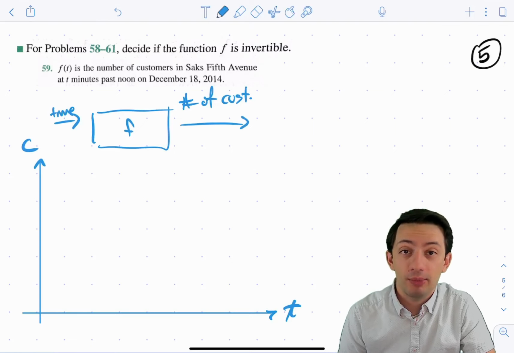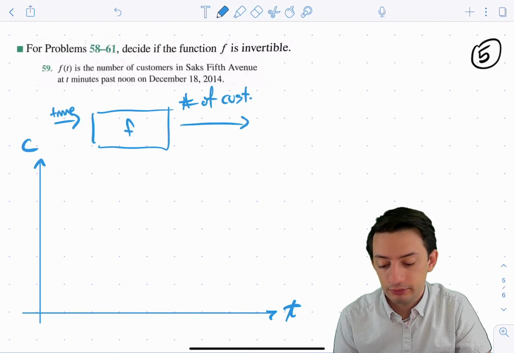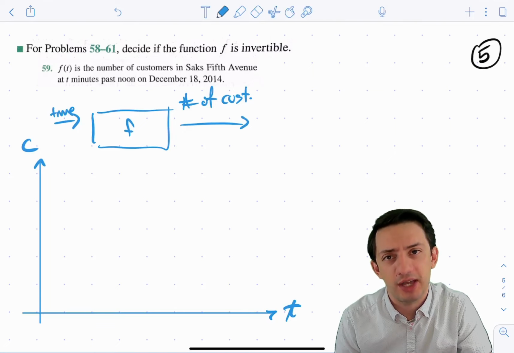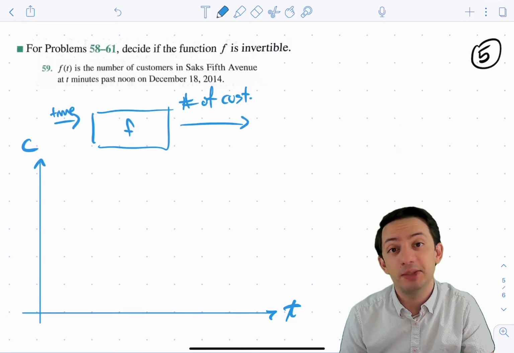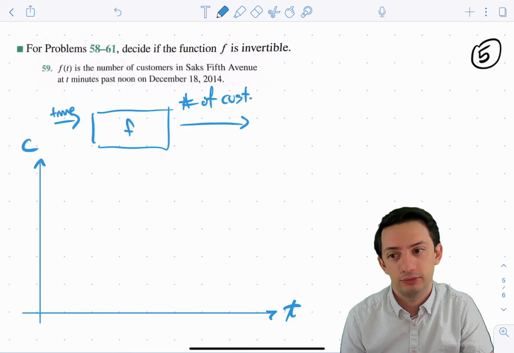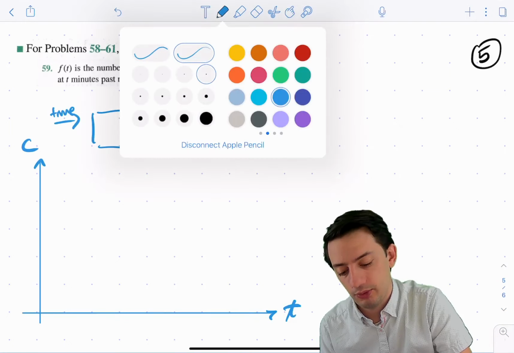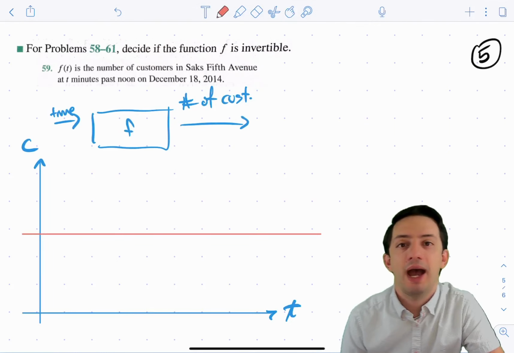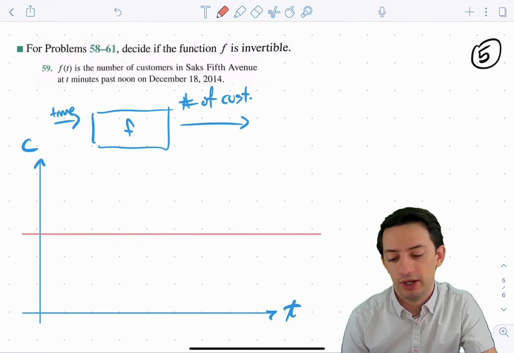Now, it's possible that it could pass the test. We don't know, right? We don't know what the actual numbers are. So really the question is asking, is this guaranteed to be invertible or could it fail? So the horizontal line test would ask, is it possible for the function to pass through a horizontal line twice?